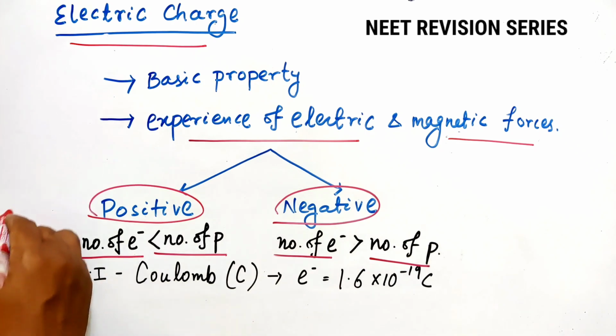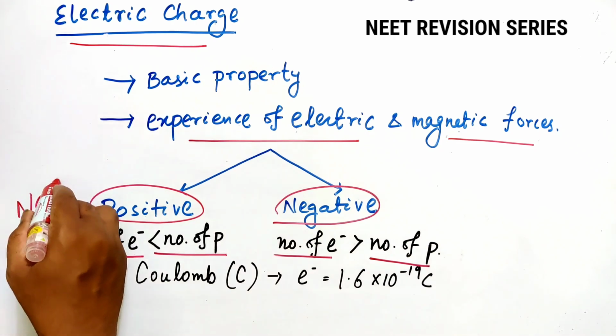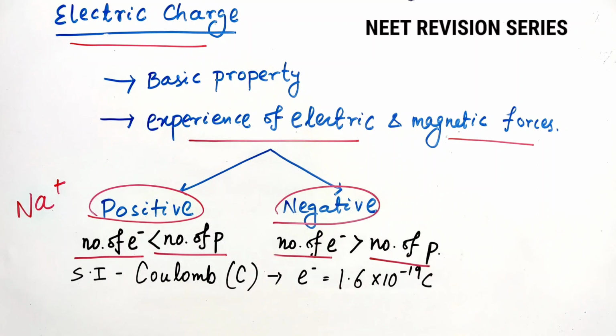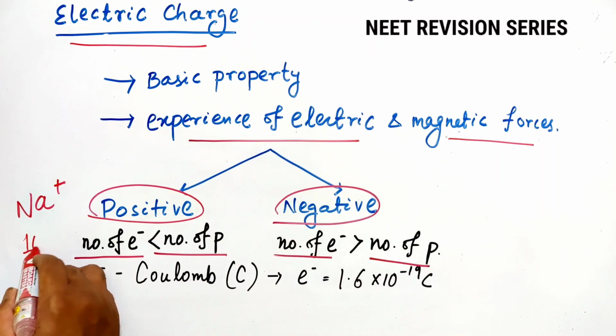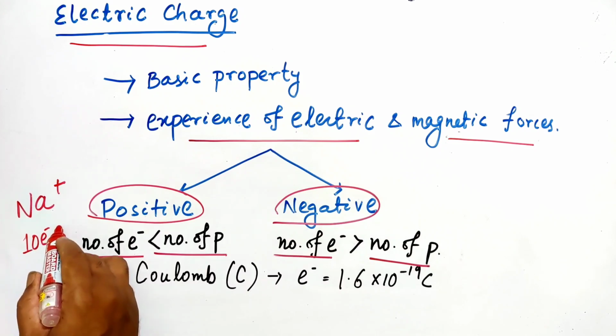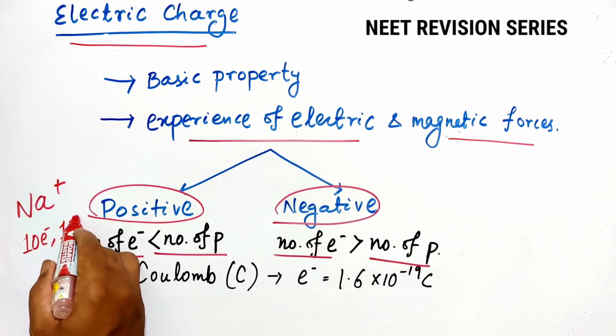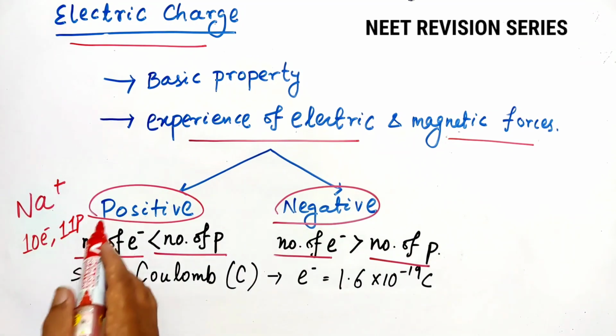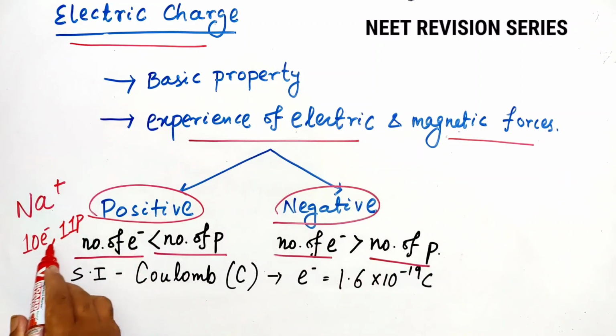You can take the example of Na plus. In the sodium ion, you can see there are 10 electrons but 11 protons. So in case of positive charge, the number of electrons is less than the number of protons.